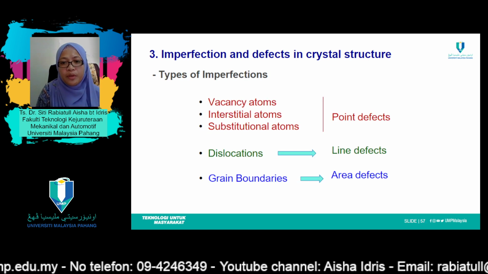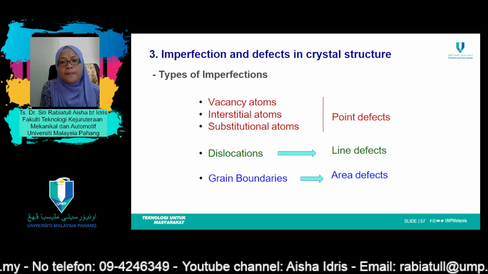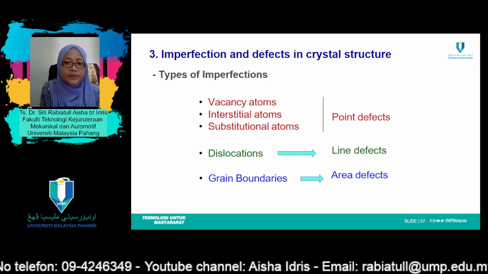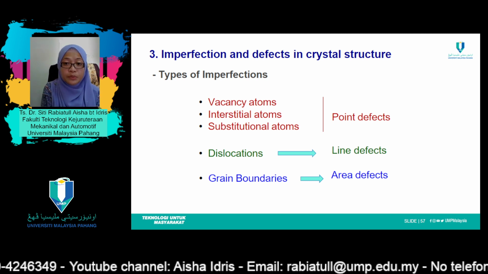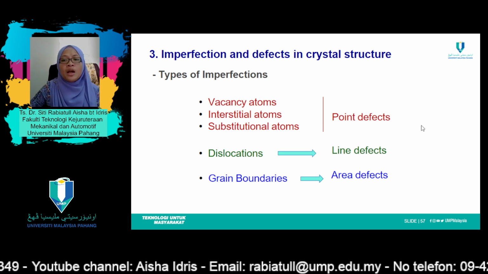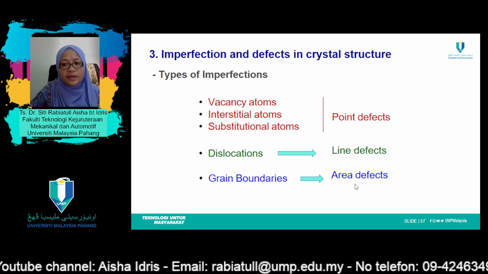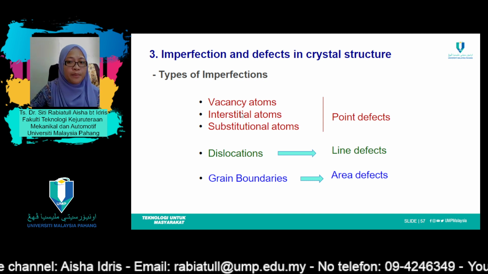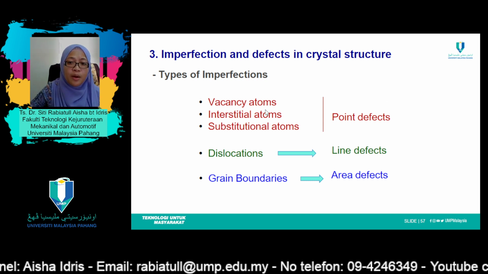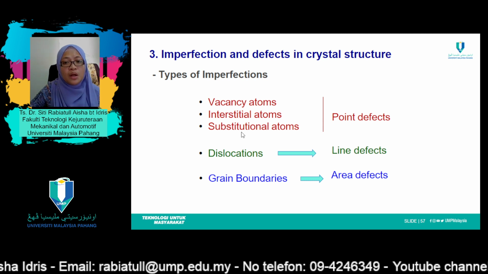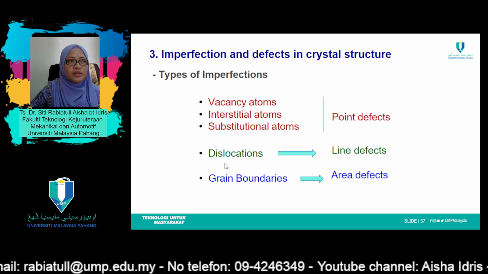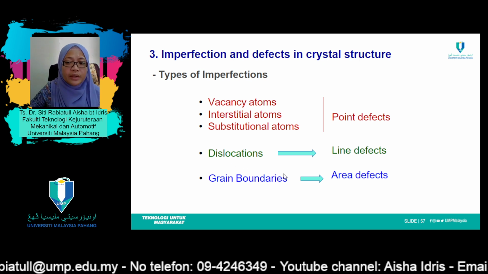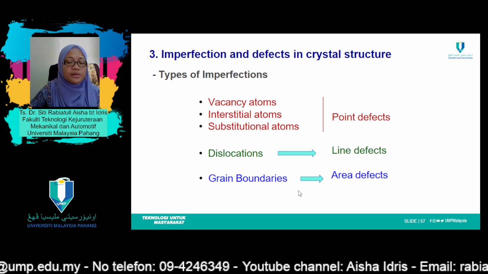I want to show you this slide actually. There are different types of imperfection that might occur in a crystal structure, for example point defects, line defects, and area defects. Point defects can be vacancies, interstitials, or substitutionals, whereas line defects are normally known as dislocations. Area defects are known as grain boundaries.